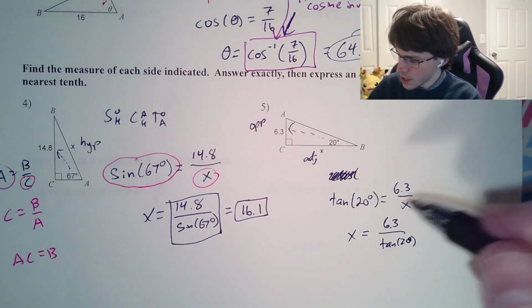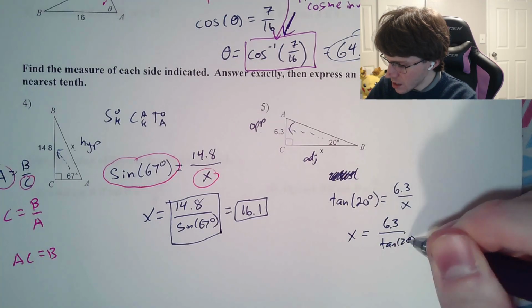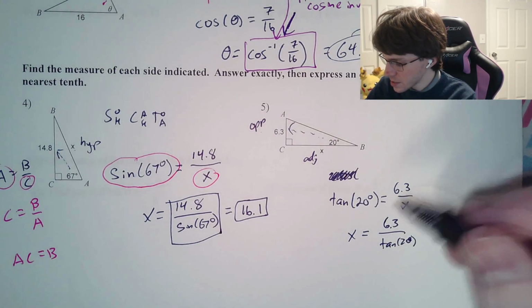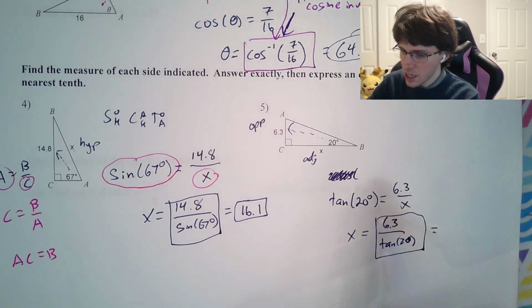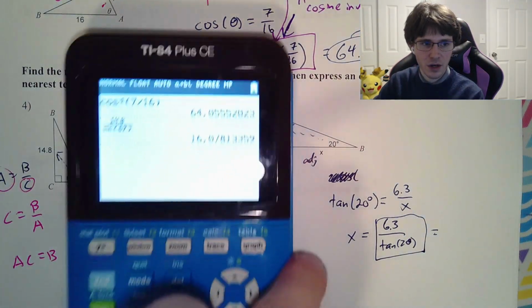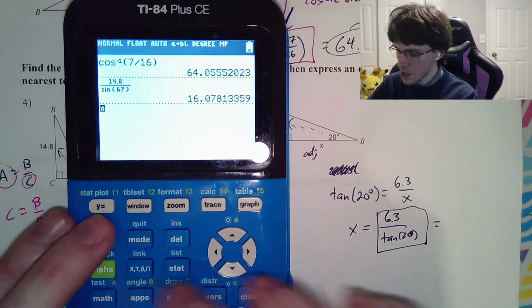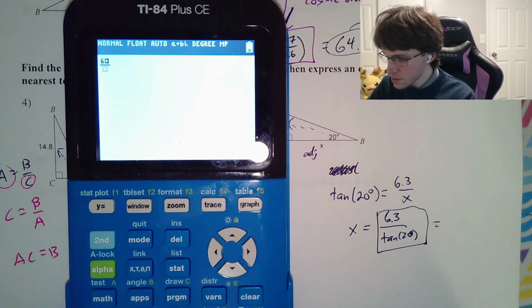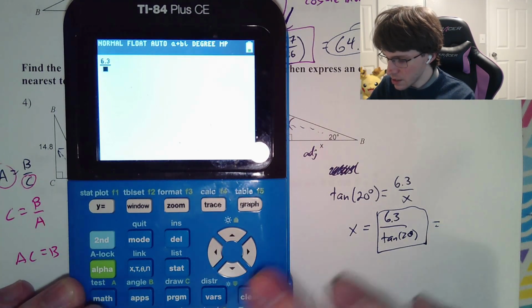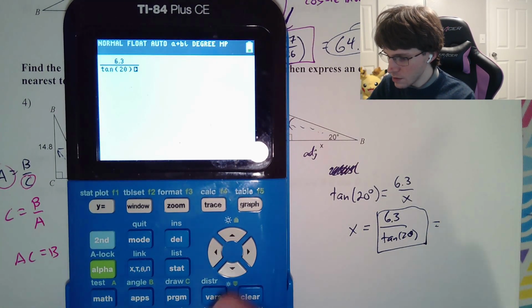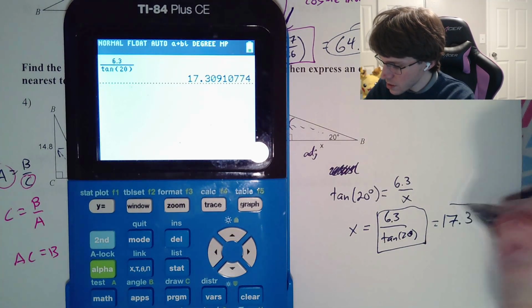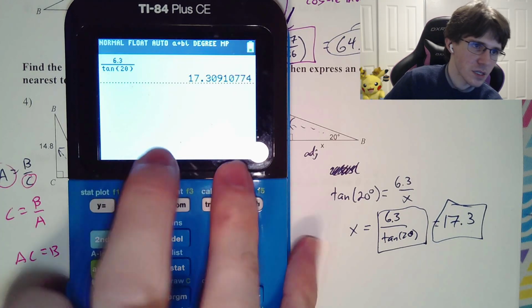This is our exact answer, and if we were to type that into our calculator, we would get alpha y equal enter, 6.3 divided by the tangent of 20, and that's going to give you 17.3 rounded to the nearest tenth.